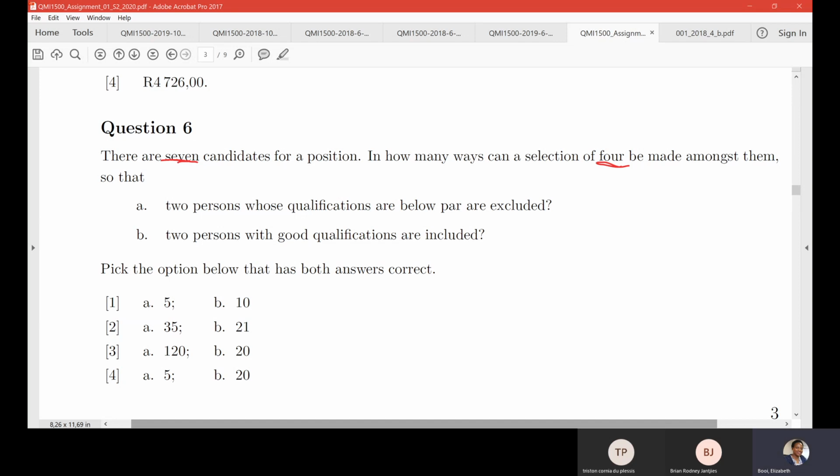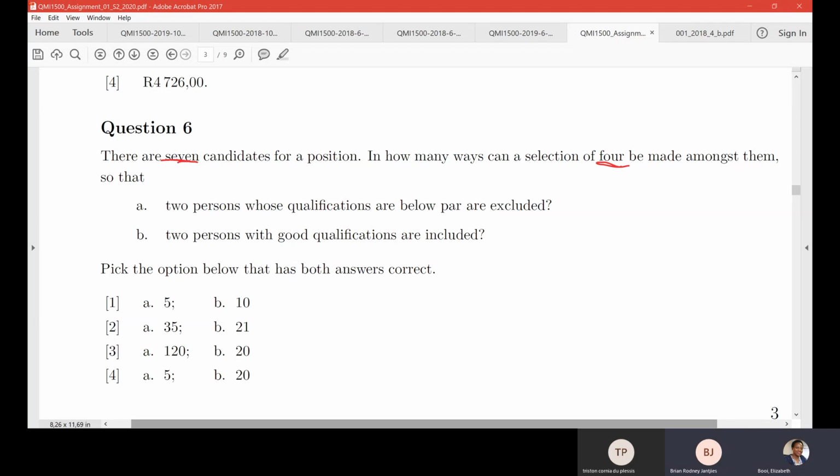Also, this is very tricky now. We know that there were 7. We need to know how many ways to place the 4. And 2 persons whose qualifications are below par are excluded. So if this is a combination question, are we going to use the formula? Number 1, it says 2 persons whose qualifications are below par are excluded.